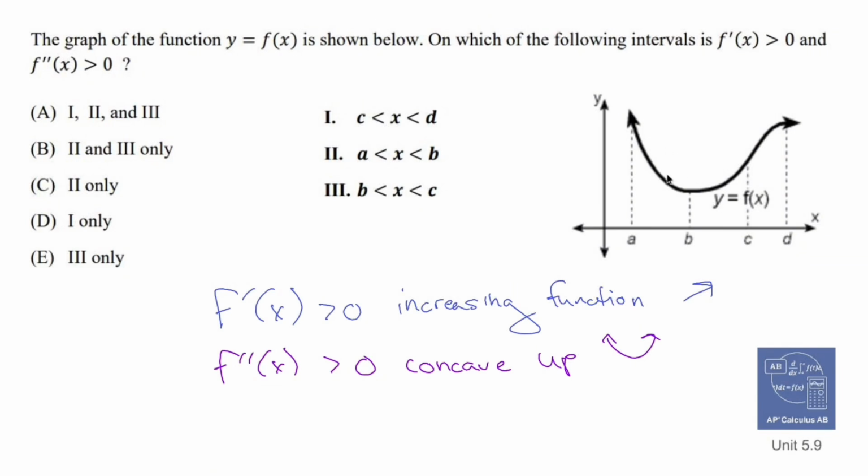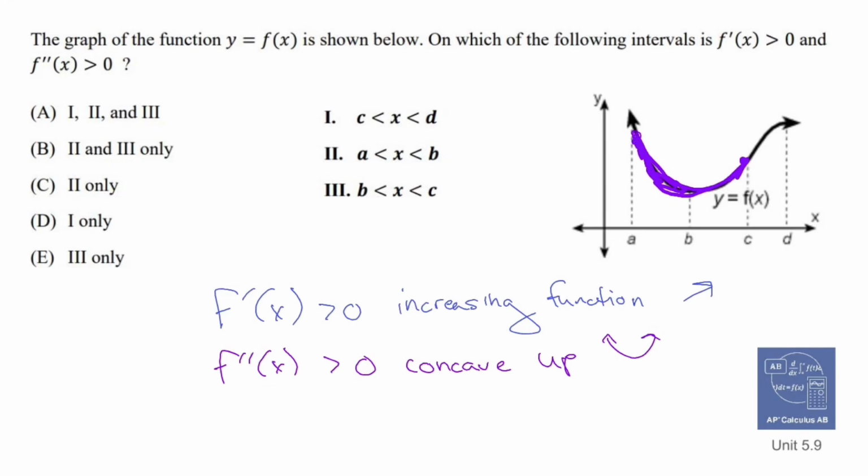I think the easiest thing to do first is maybe find the concave up part, and that appears to be happening between A and C, so you are concave up right here in that nice big purple line.